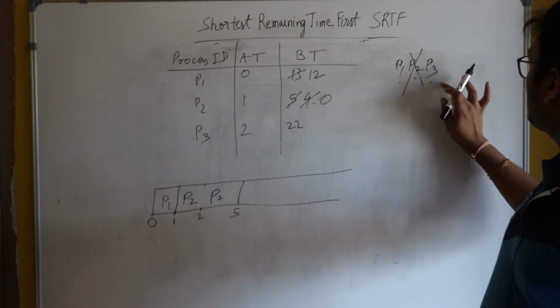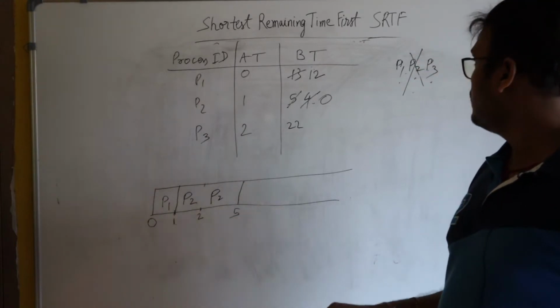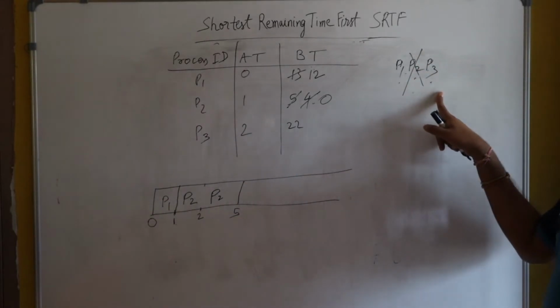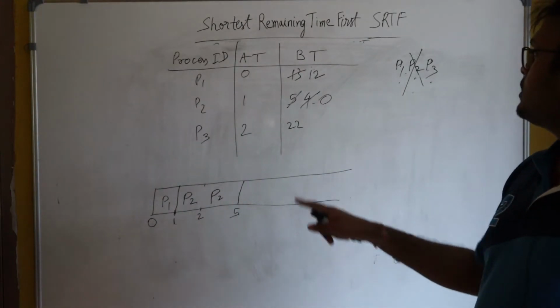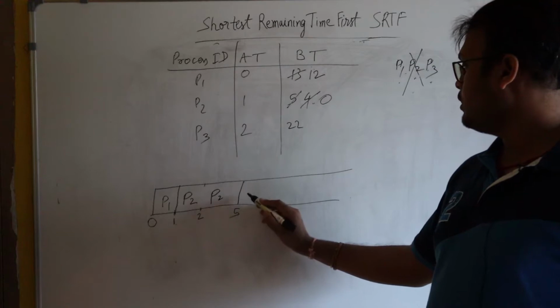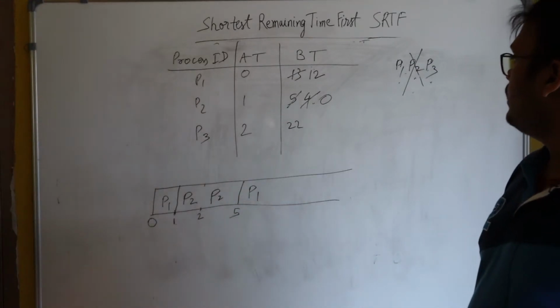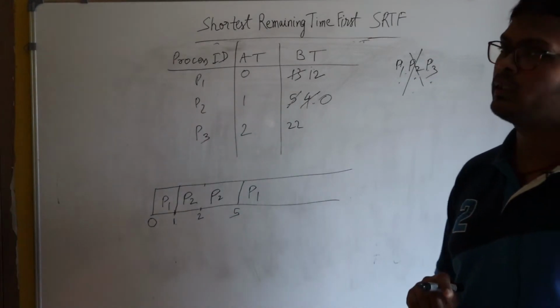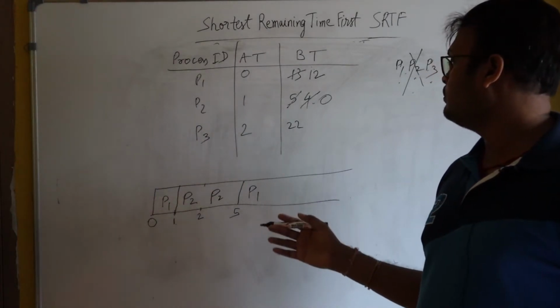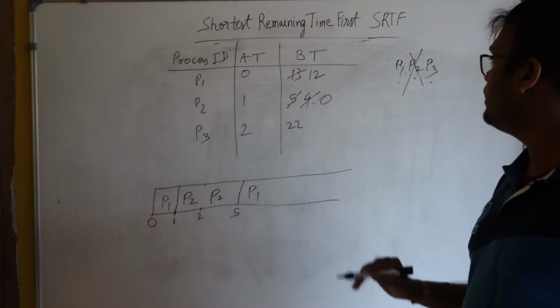Now how many processes are available? P1 and P3. Among P1 and P3, which process has lower burst time? Obviously P1. So now there will be a context switching and the CPU will be given to P1 again. Since all the processes are available, we simply apply shortest job first, which means there will be no preemption.